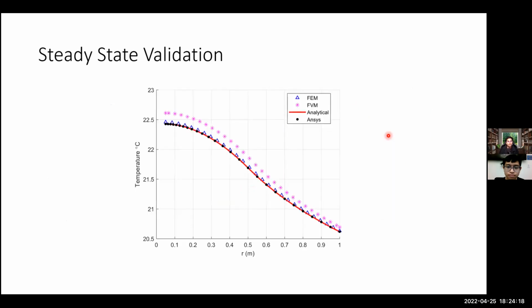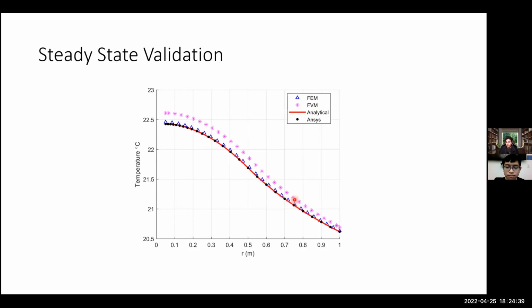If we go on, here we see all the methods graphed together: ANSYS, analytical, finite volume, and finite element. As you can see, the ANSYS, the analytical, and the finite element are all very similar to each other.